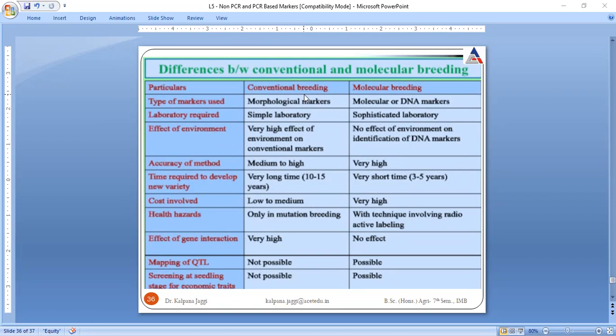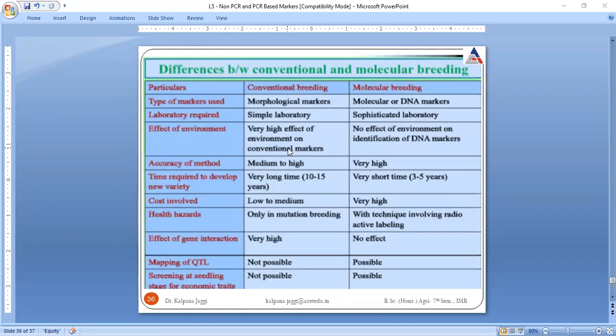So we need not depend upon these morphological features, right? Although recognizing any plant on the basis of morphology is very easy, this is not an easy task. This is a very sophisticated laboratory technology, and it is to be utilized very carefully, right?